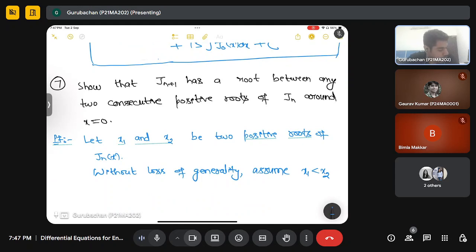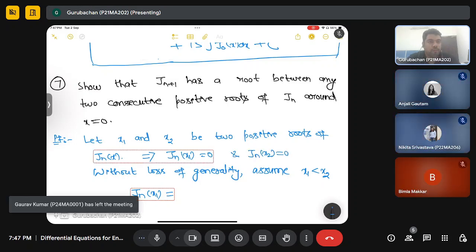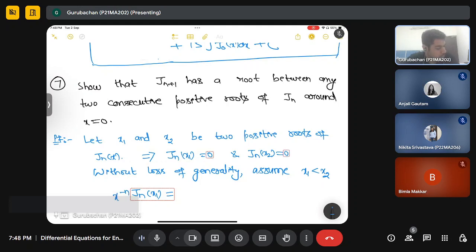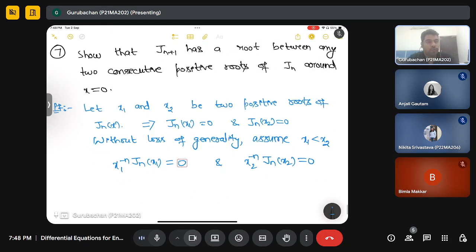So if these two are roots, then this will imply Jn(x1) must be 0 and Jn(x2) must be 0. So if these both are 0, then x1 to the power minus n Jn(x1) will be 0 and x2 to the power minus n Jn(x2) will also be 0.